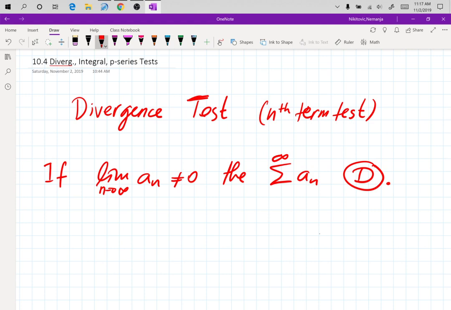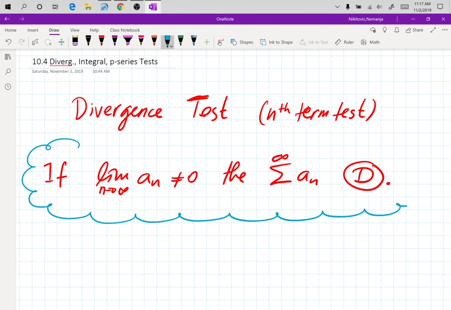This is the statement. So if the limit is not 0, if it's anything, it can be 1, it can be 10, it could be negative half, infinity, if it's anything other than 0, the series diverges.